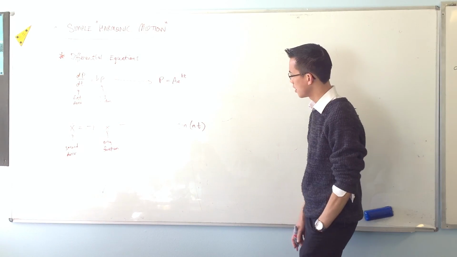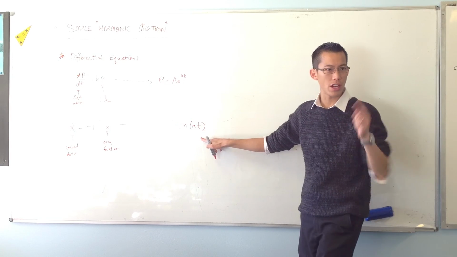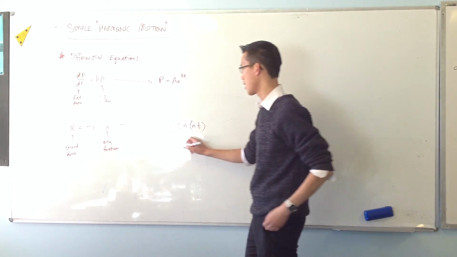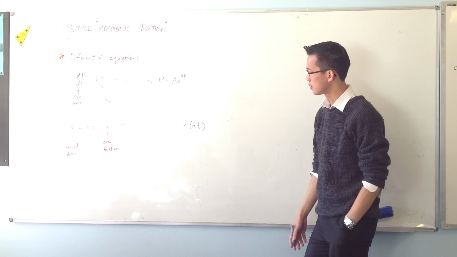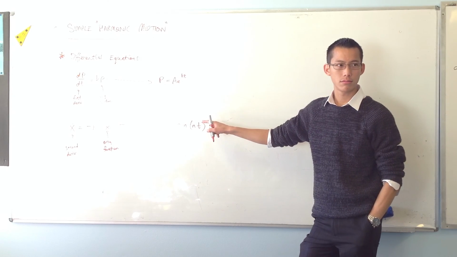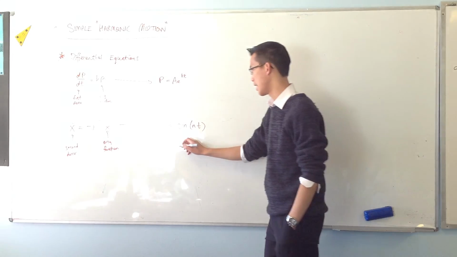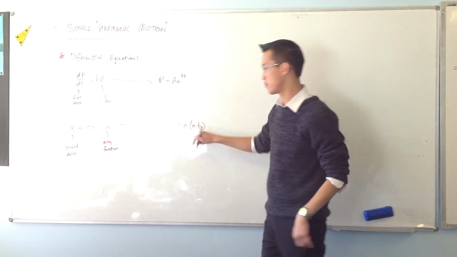Now, let's have a look at this for a second. When you differentiate this once, you'll get velocity. With respect to time, this is just simple chain rule. On the inside here, I've got nt, so I differentiate and get n. And on the outside, I've got sine, so it turns into cosine.